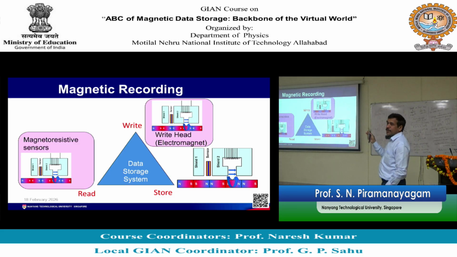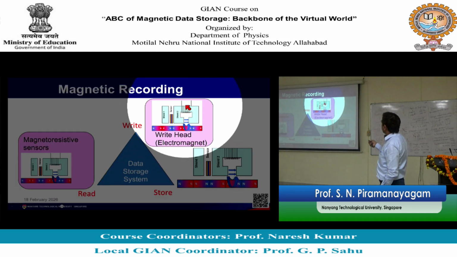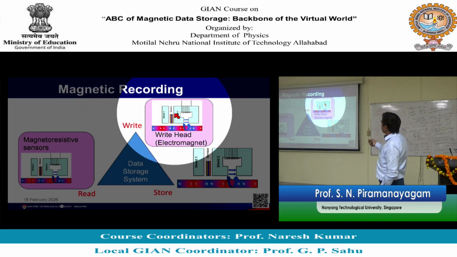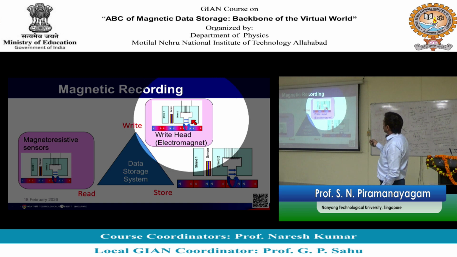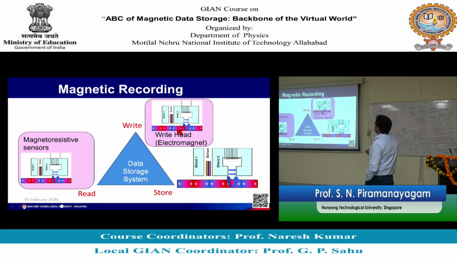We learned about electromagnetism yesterday. Basically you have a coil and an electromagnetic core. When you send a current through this coil, you produce a magnetic field. That magnetic field will go from this pole to the other pole, so it either goes straight or it will leak. You can use one of these fields to write information.